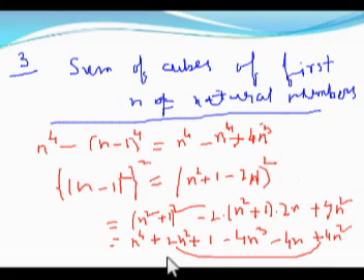Then 2n square plus 2n square... this will be minus 6n square. And last we have minus 4n, this will be plus 4n. And plus 1, it will be minus 1. So this will cut.